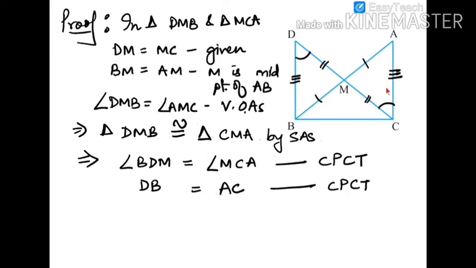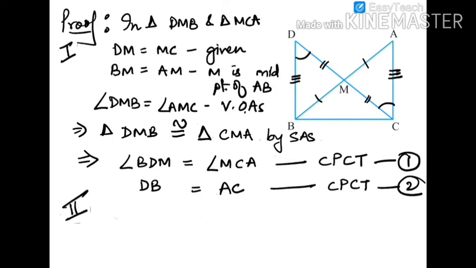So these angles form alternate interior angles made by lines DB and AC, which are cut by transversal DC. So this implies that DB should be parallel to AC. We will mark these results as 1 and 2.